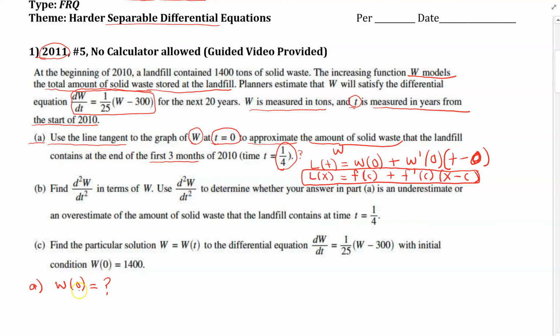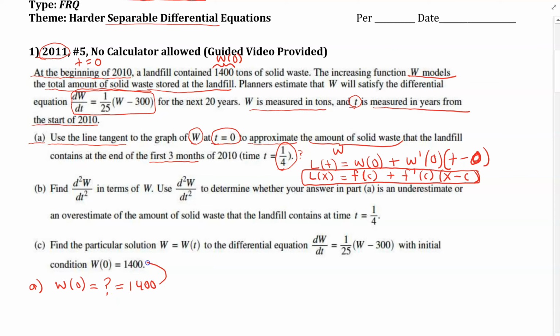Right here, it tells me at the beginning of 2010, that's exactly when t equals 0, the landfill contained 1,400 tons of solid waste. So that is the value of W, the total amount of solid waste: 1,400 tons at the beginning of 2010. So W of 0 is 1,400.